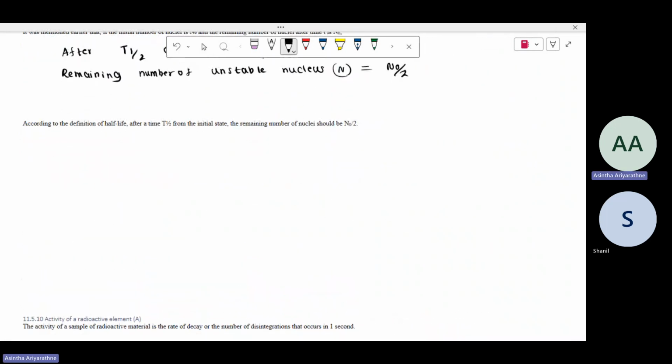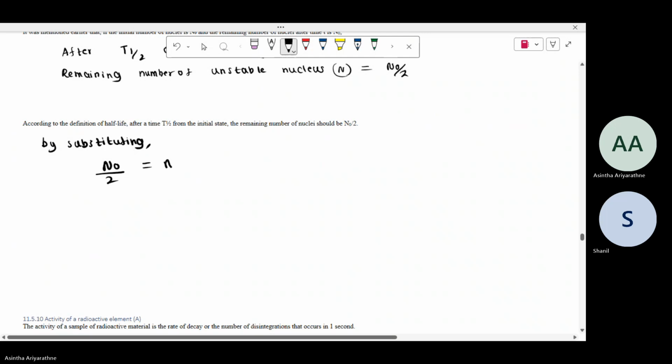So by substituting, N is N naught over 2, and N naught e to the power minus lambda t, where t is t half. Right? This t half is just notation. It doesn't mean t into half. It is just a notation for half time.